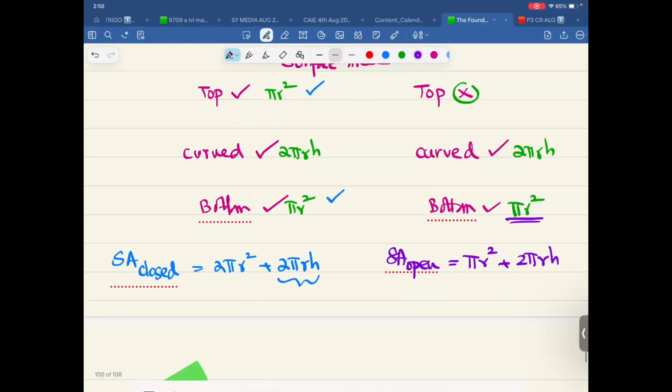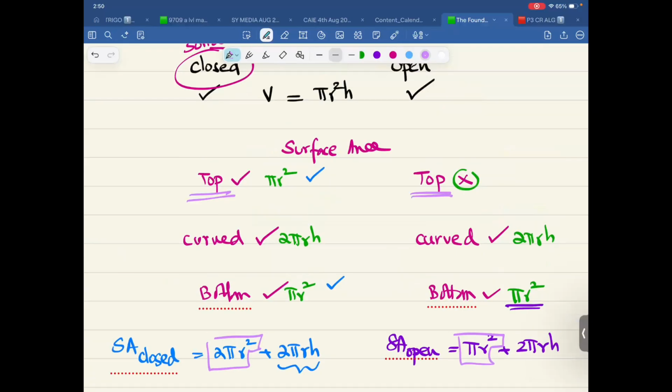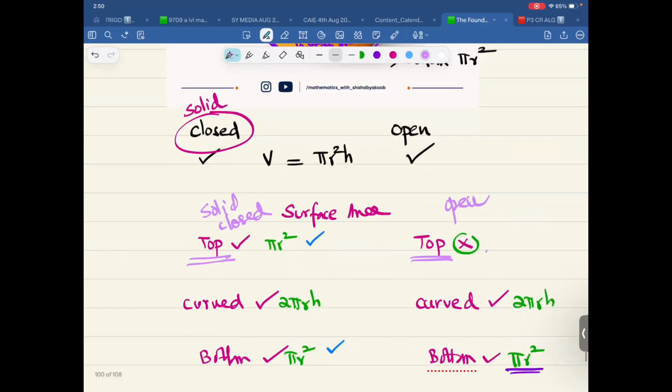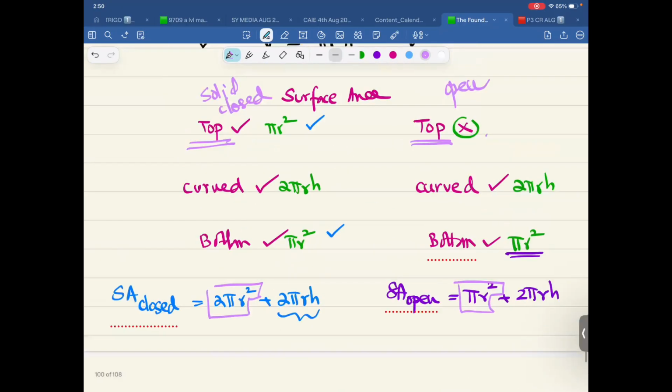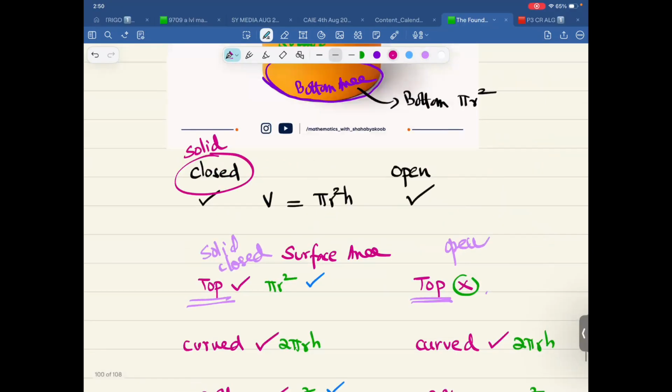So the difference in the surface area lies between the top and the top. In the solid or closed cylinder, the top is there. In the open cylinder, the top is missing. That is why it's open from the top. And what about the volume? The volume is the same whether it's a closed cylinder or an open cylinder.